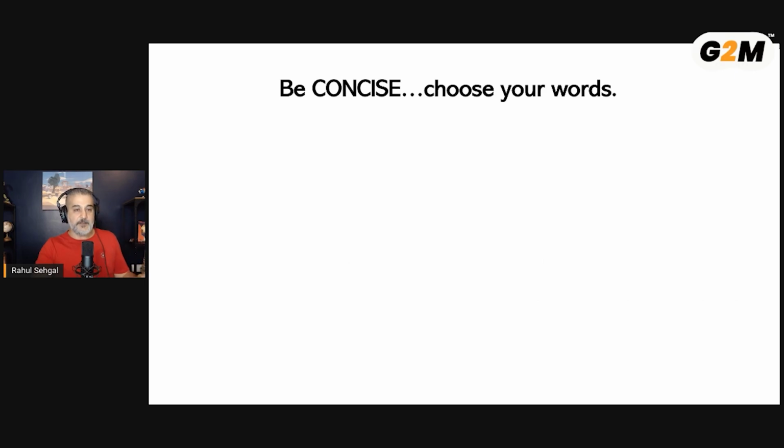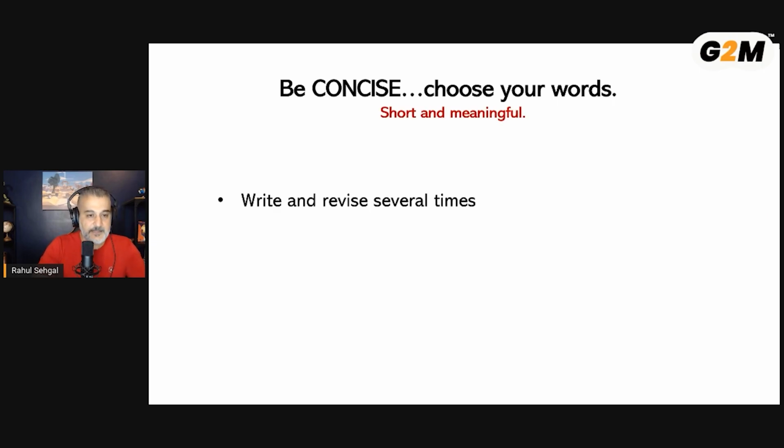The next principle is concise. Choose your words very, very carefully. Let it be short, let it be meaningful. The first time you write a document, it will definitely be too long.